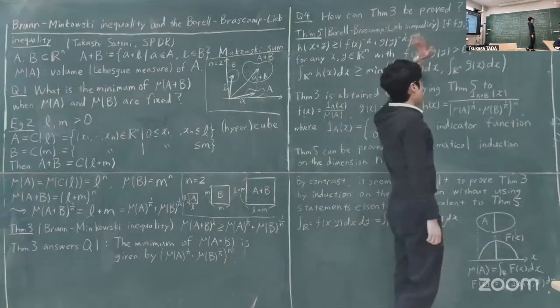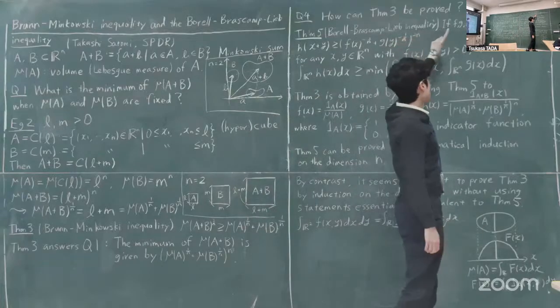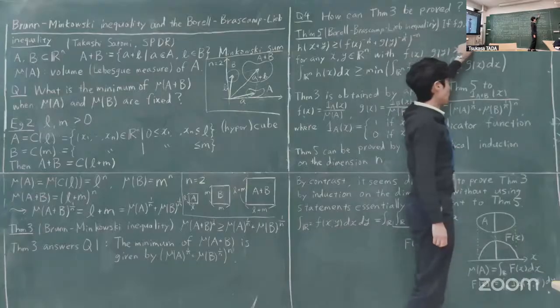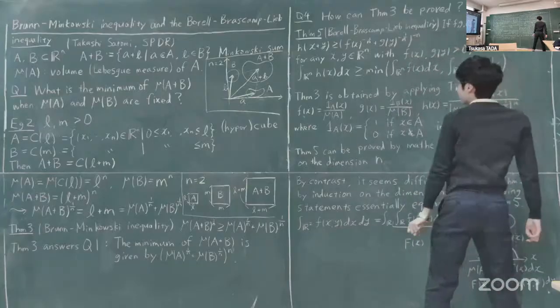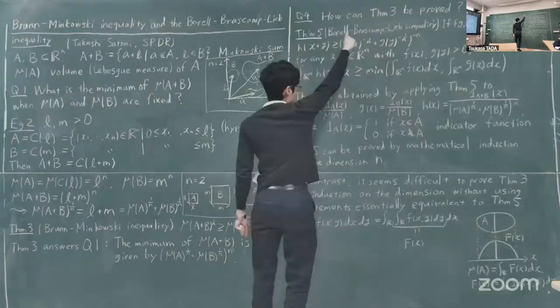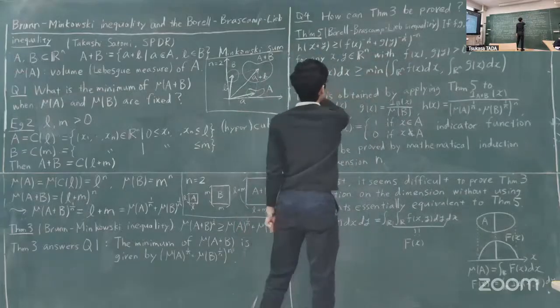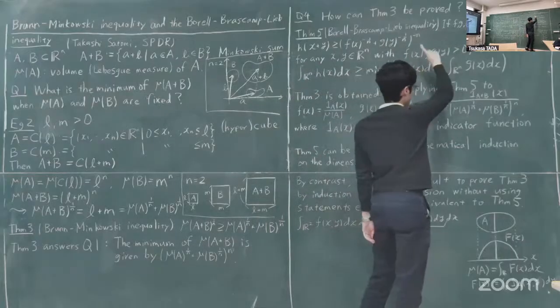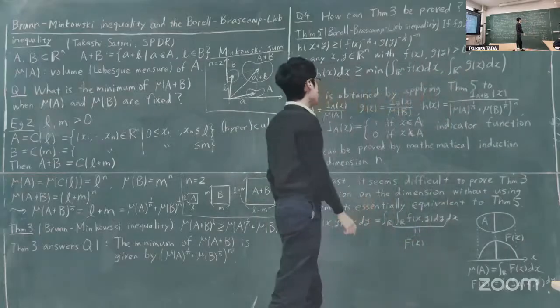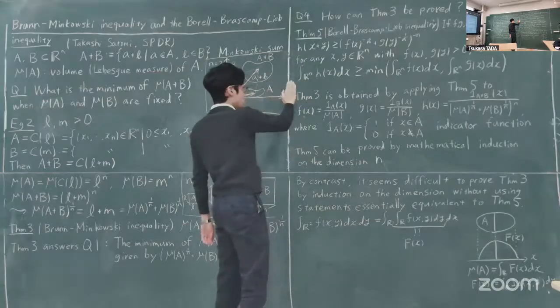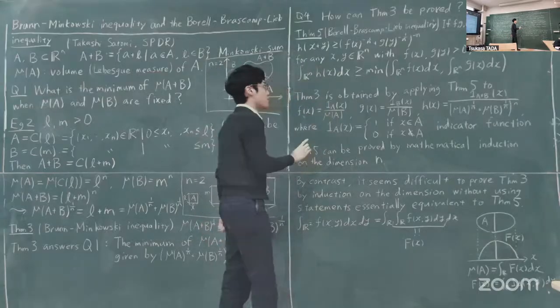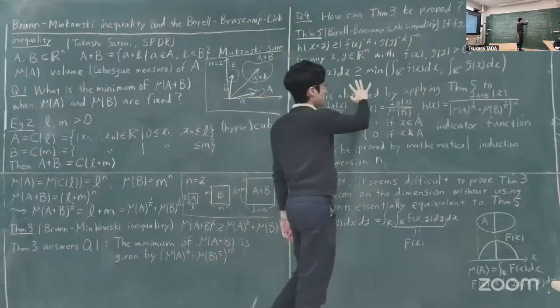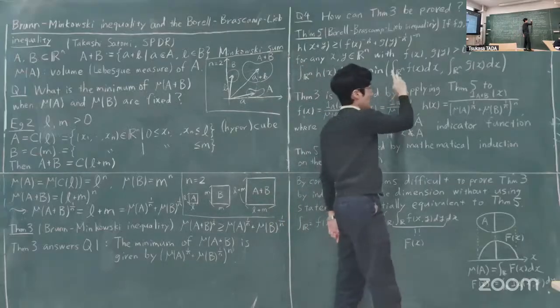If the positive functions f, g, and h on R^n satisfy this inequality for any x, y with these conditions, then the integral of h is not less than the minimum of the integrals of f and g.